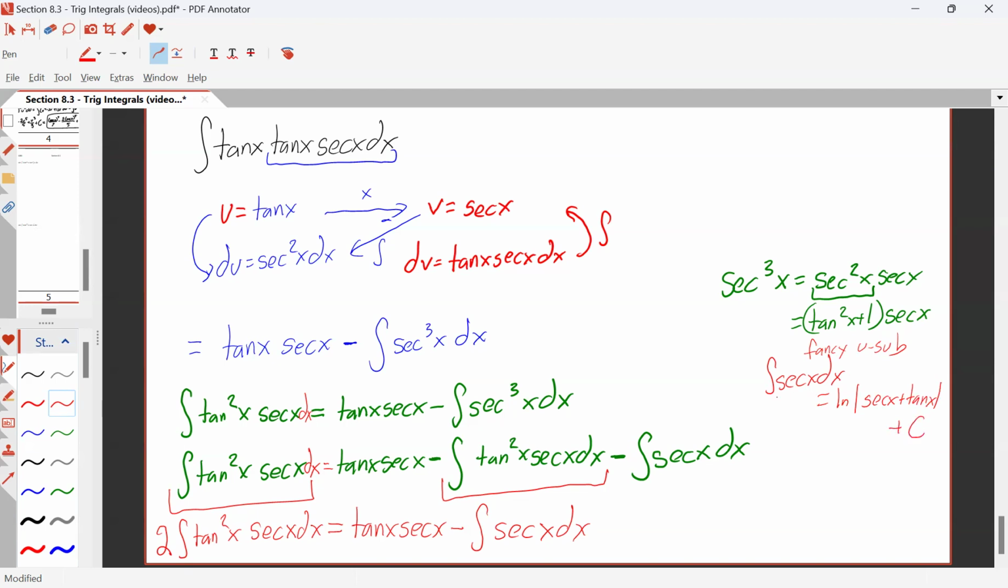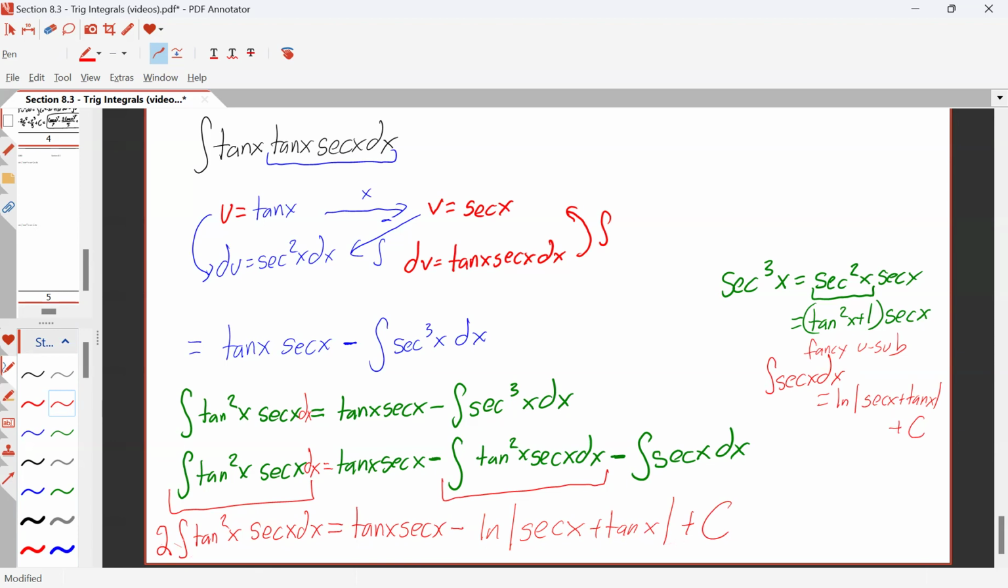So I'm going to use this secant x dx integral is equal to the natural log of the absolute value of secant x plus tangent x plus c. And now we know 2 of the integral we're trying to find equals tangent x secant x minus natural log of absolute value of secant x plus tangent x plus c.